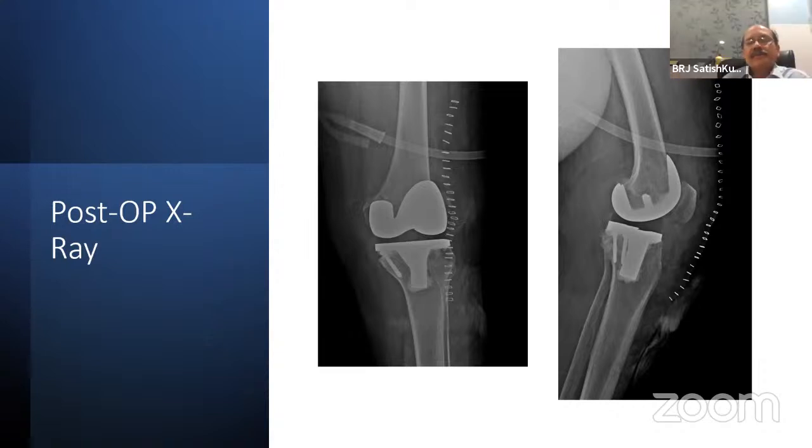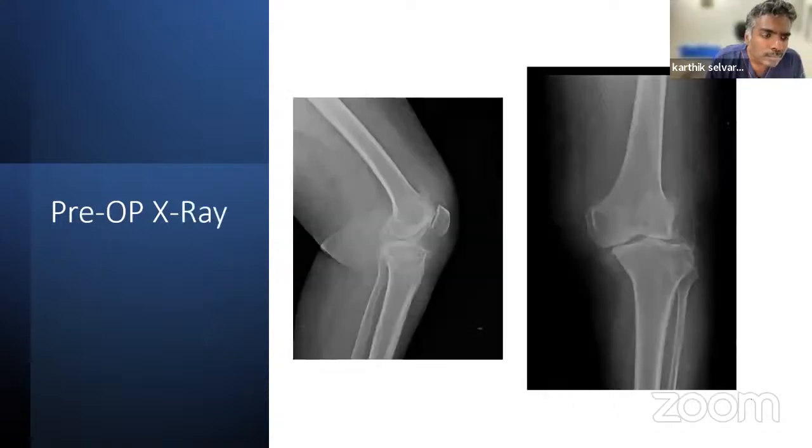My comment is, in all these cases, on the pre-op itself we have seen that there is a lateral subluxation. Whenever there is a lateral subluxation, a lot of lateral opening, or whenever you think there is lateral laxity, you have to use a PS now. CR surgeons may differ, but there is always a chance when the patient is loading that lateral subluxation may happen slowly over a period of time. I think here you used a disc insert.